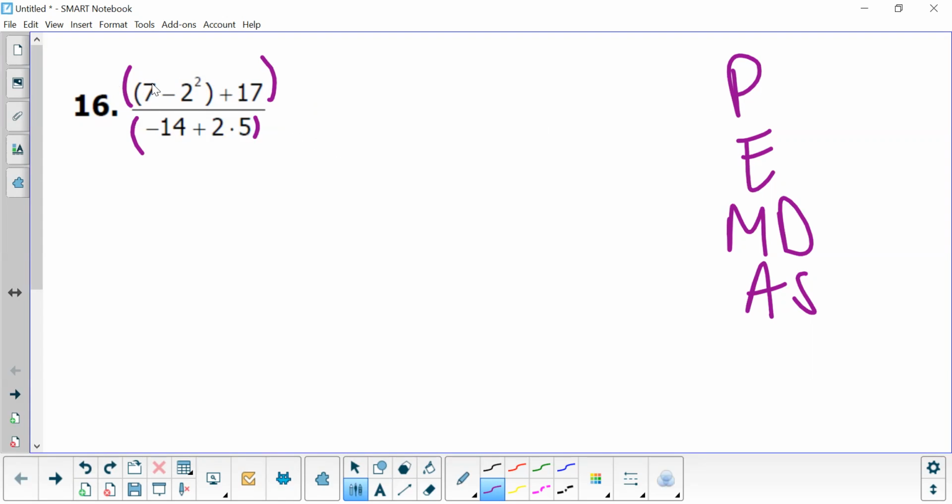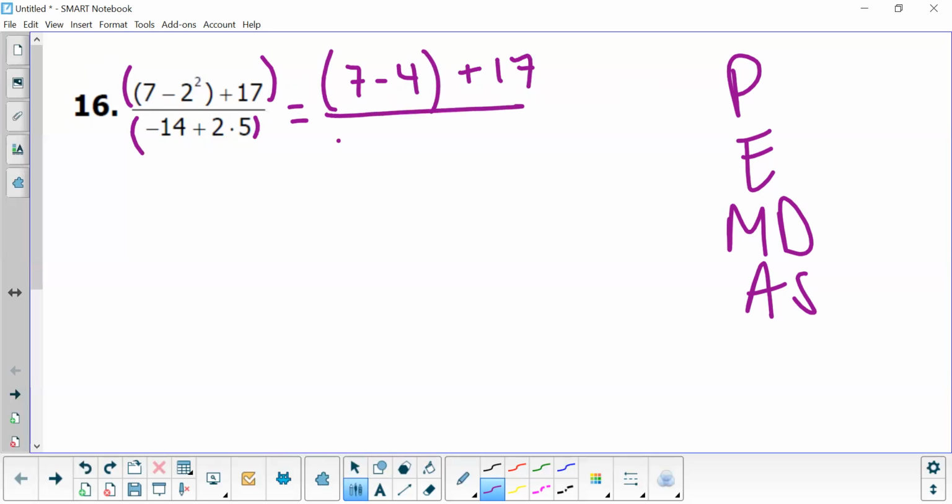If we're starting with the top, the numerator, we do have a set of parentheses here. And within those parentheses, we also follow order of operations. So we're going to start with simplifying that exponent. So far, I have 7 minus 2 squared, which is 4, plus 17 on top.